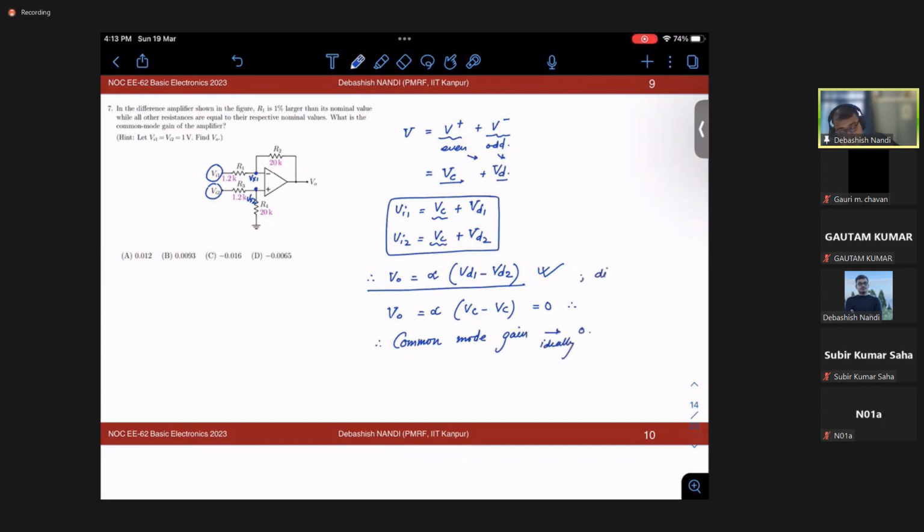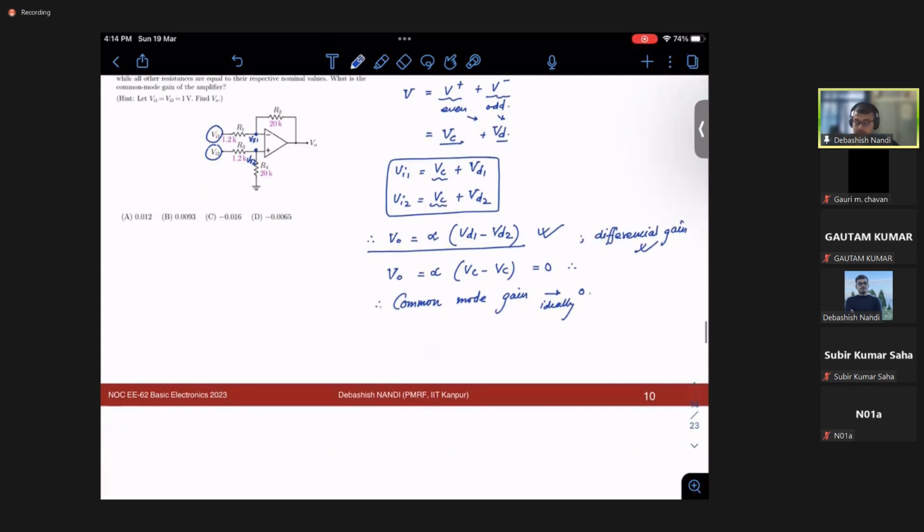Now if you think of it in this way, how do you analyze a common mode circuit? Common mode means you apply the same voltage at the input. You just short the two input terminals, apply the same voltage, and see how your circuit behaves. This gain should be very close to 0, because you want the difference of the two signals to get amplified.